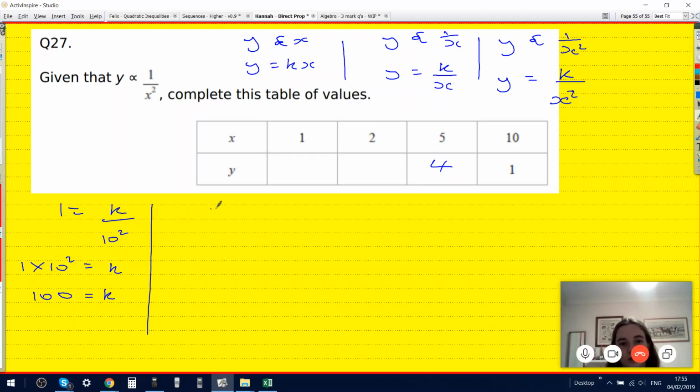No, x squared equals k over y. Sure, but you're given x and you want y, so I'd usually put it as y equals. Oh, okay.